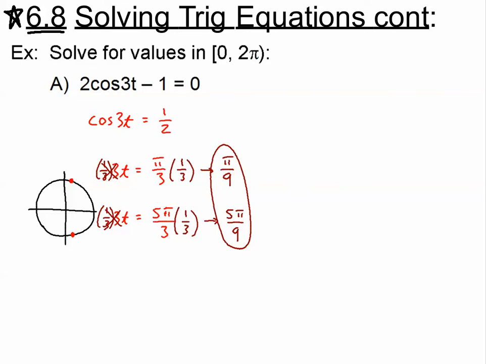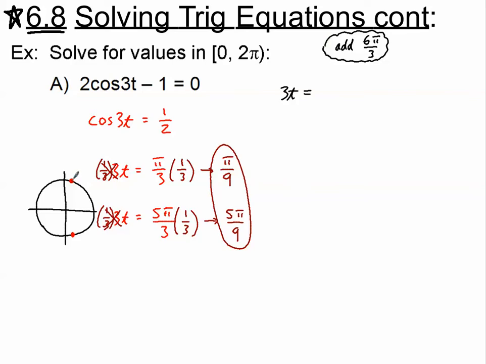So what we can do is say 3t could be equal to a bunch of things. We set it equal to pi over 3. We set it equal to 5 pi over 3. What I'm going to do is start adding 6 pi over 3 because that's a version of 2 pi, and we can always add 2 pi to get to the same thing.